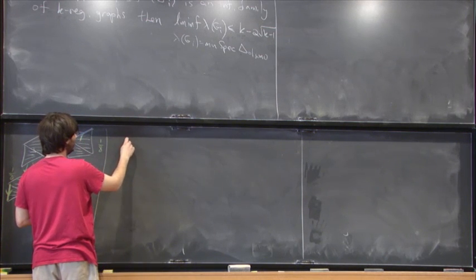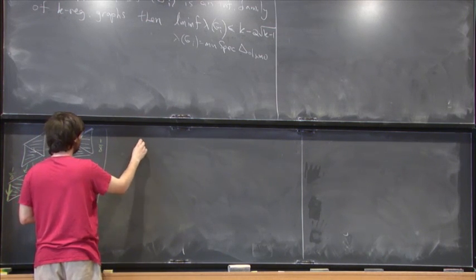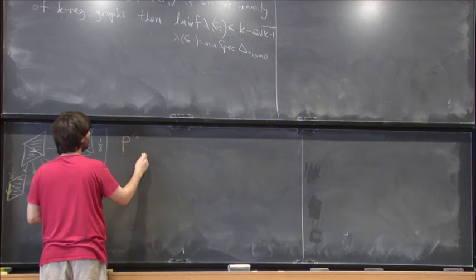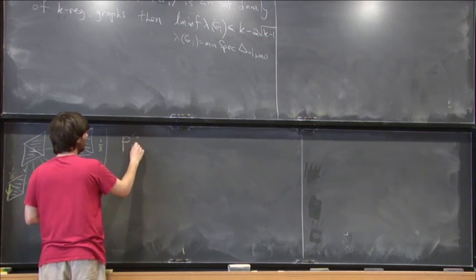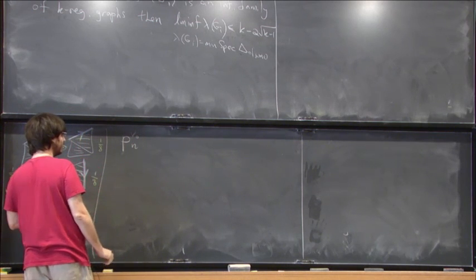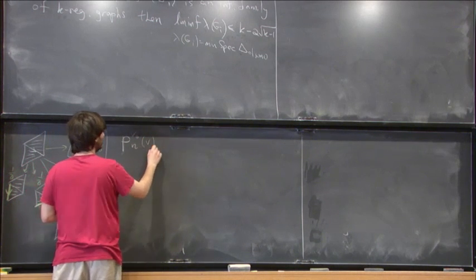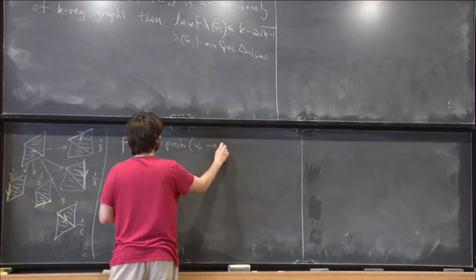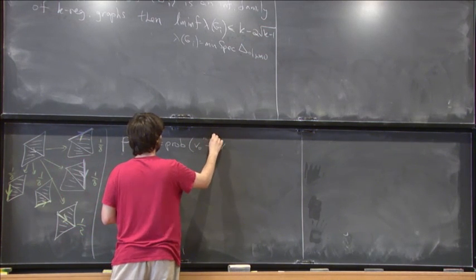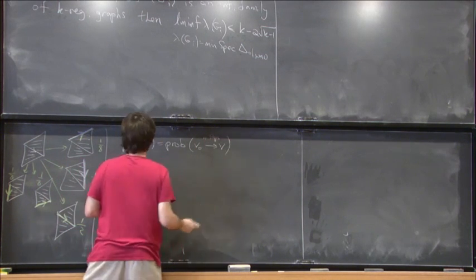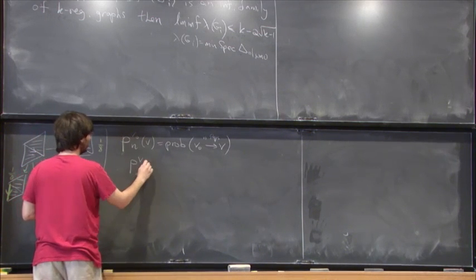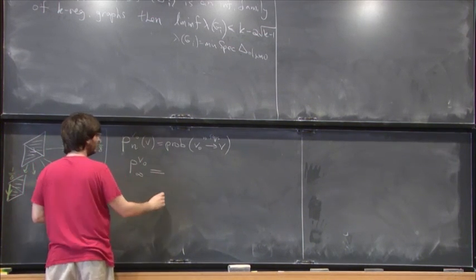Take the probability of going from v0 to v in n steps, and let's write the distribution at infinity.